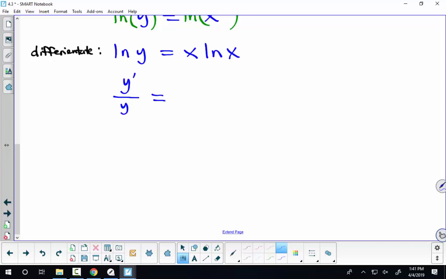So we have x times the derivative of the natural log of x, so that's x over x, first times the derivative of the second, plus the second times the derivative of the first. And then we're going to multiply through by y.